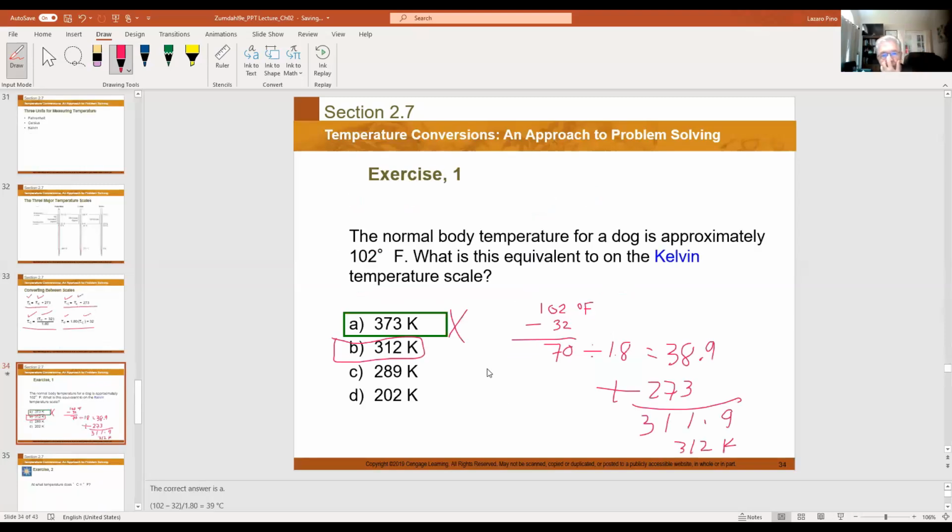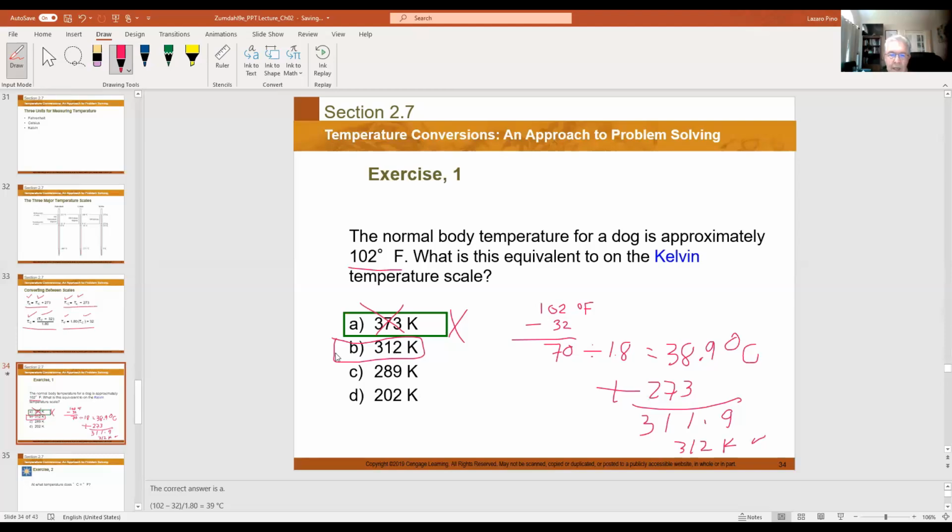For example, this exercise has a wrong answer in your presentation. This is not the answer. The answer is this. Why? Because the given number is Fahrenheit. You had to go first from Fahrenheit to Celsius, and then from Celsius to Kelvin using these 2 equations.